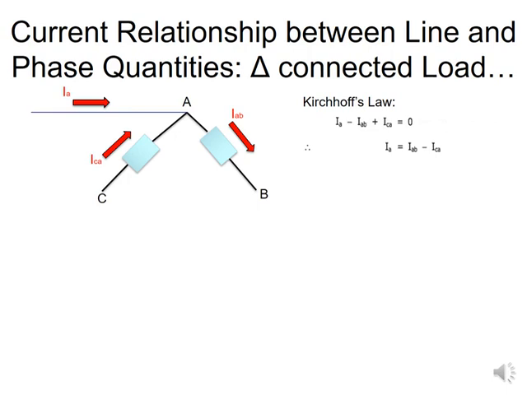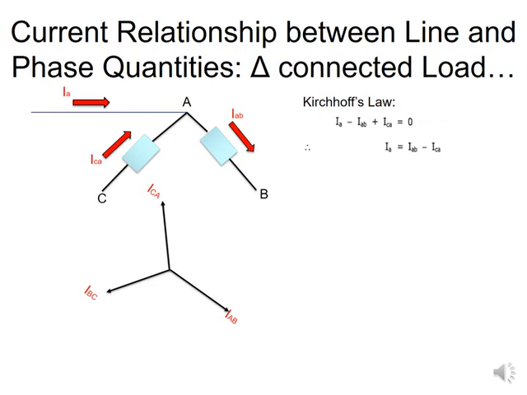So that is IA minus IAB plus ICA equals 0, which is therefore IA is equal to IAB minus ICA. Now I want to take this and draw it into a phasor diagram for us so that we can be able to get the exact value of IA.